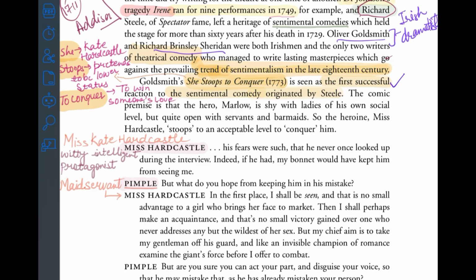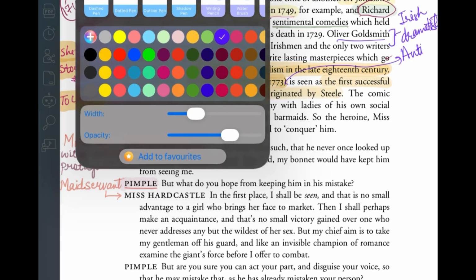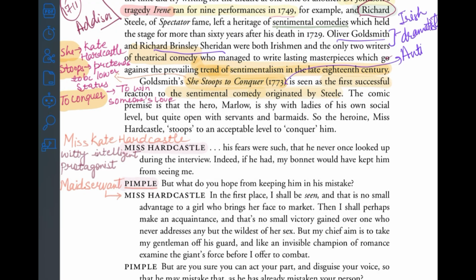So this period made them lasting masterpieces. She Stoops to Conquer becomes an anti-sentimental comedy, you can write, okay, you can write this anti-sentimental comedy.